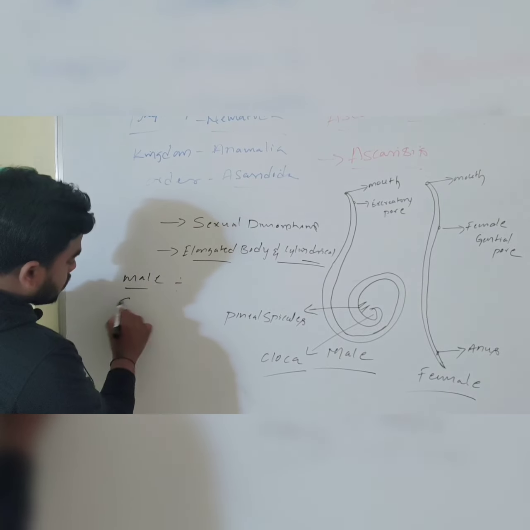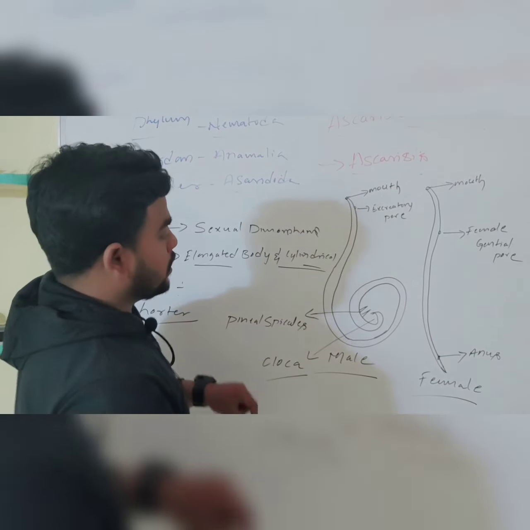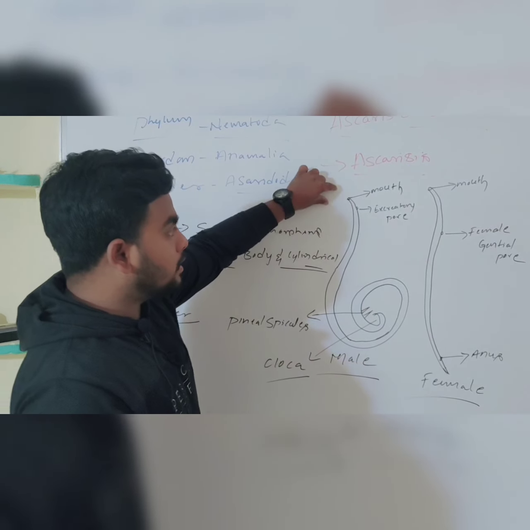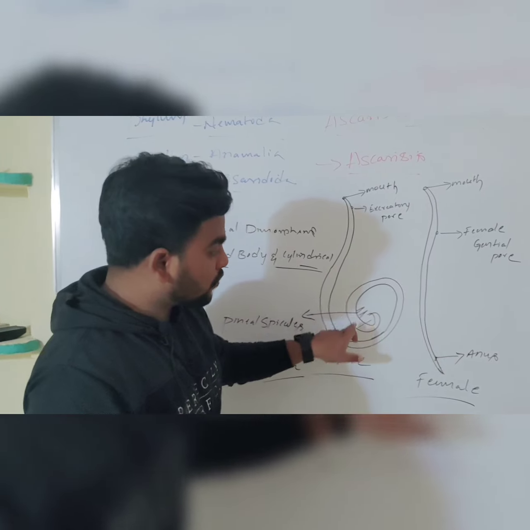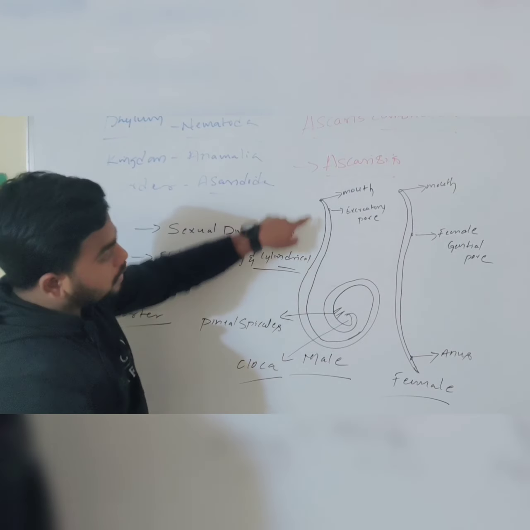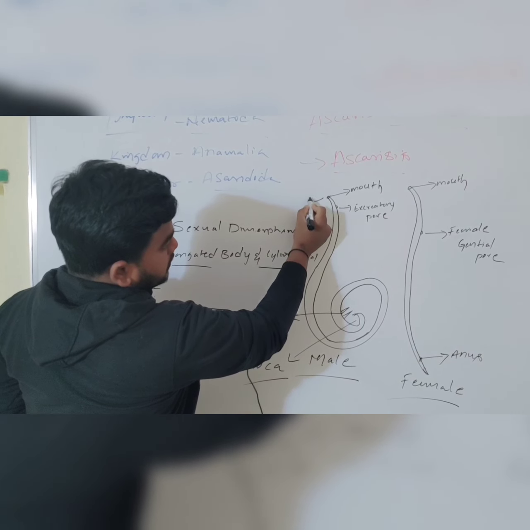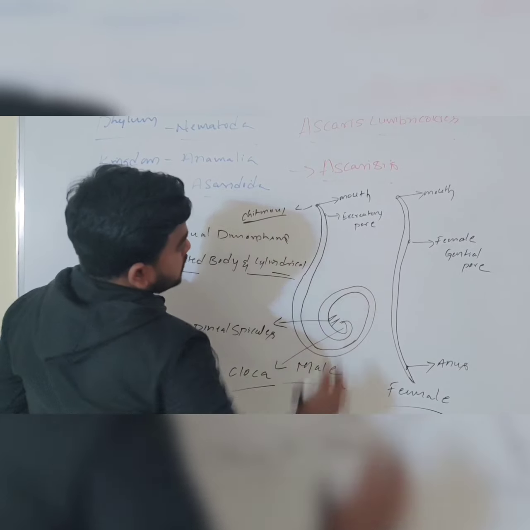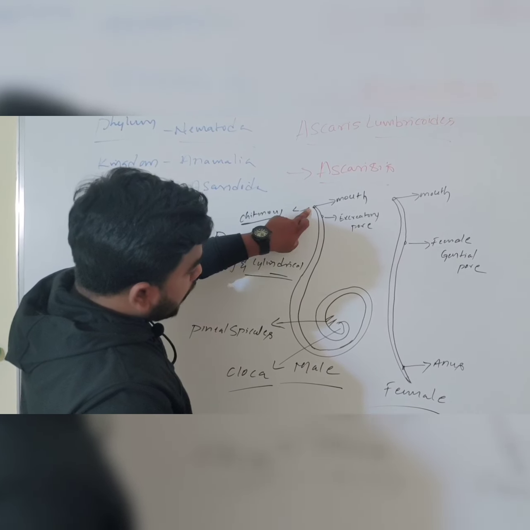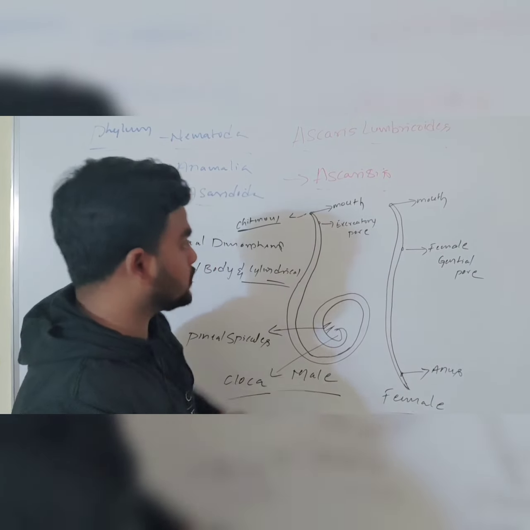The males are shorter than the females, and the anterior end consists of chitinous lips and mouth, and the posterior end is seen with a curved body.